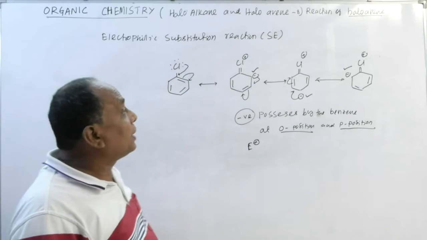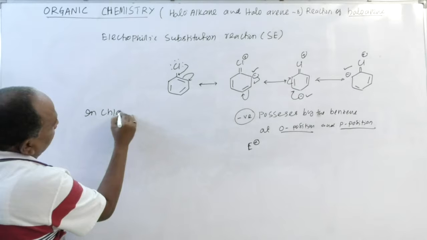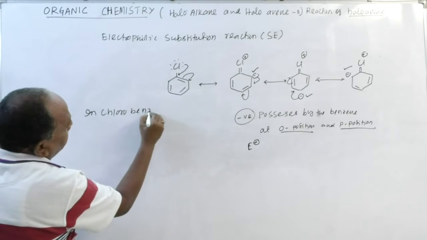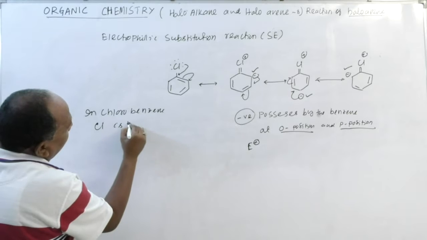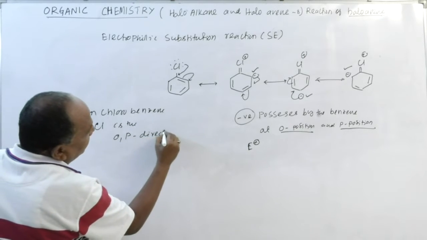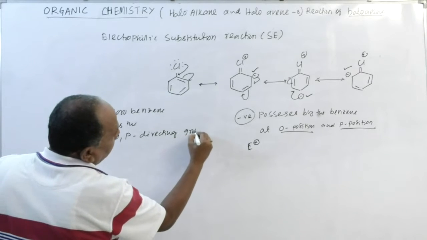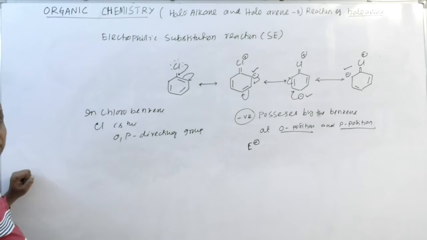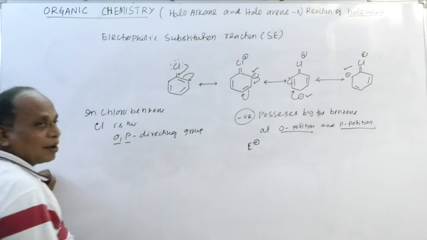That's why we can say in chlorobenzene, Cl is the ortho-para directing group, meaning the next electrophile is substituted at the ortho and para positions.